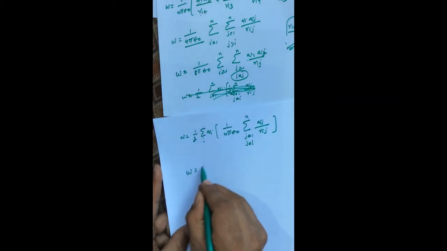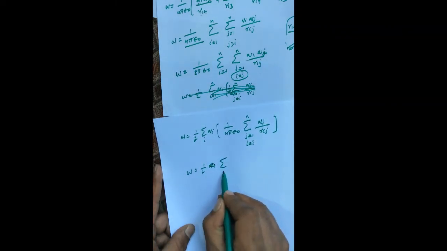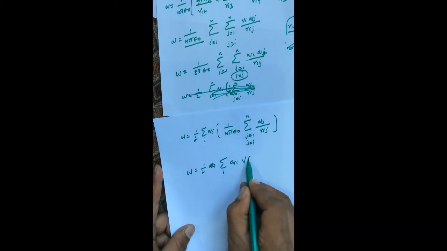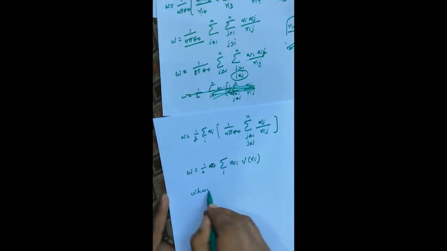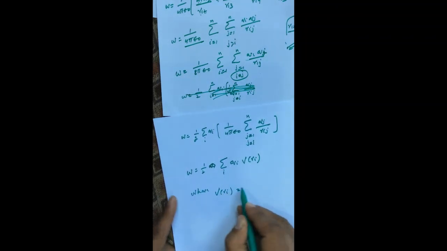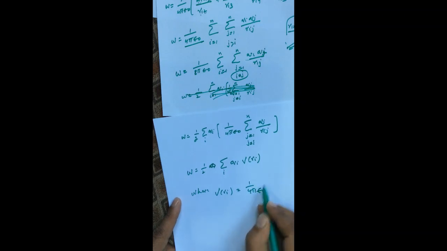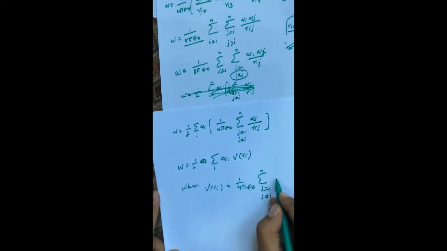So this can be written as 1 over 2 sum over i Qi V(Ri), where V(Ri) is basically 1 over 4 pi epsilon naught sum over j started from 1 up to n, j not equal to i, Qj over Rij. So this is the potential at point Ri due to all other charges.